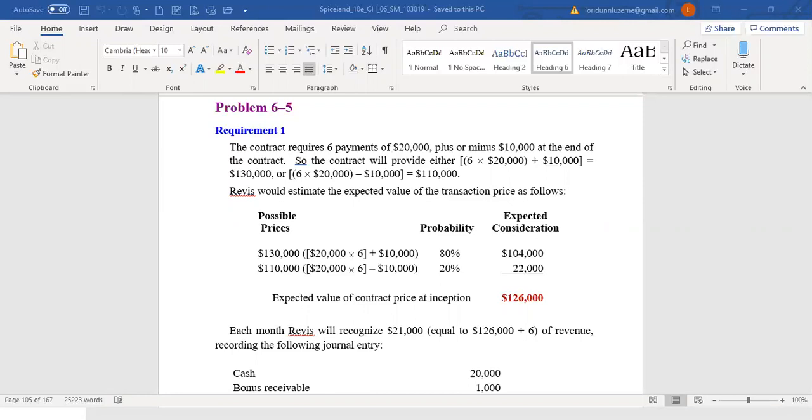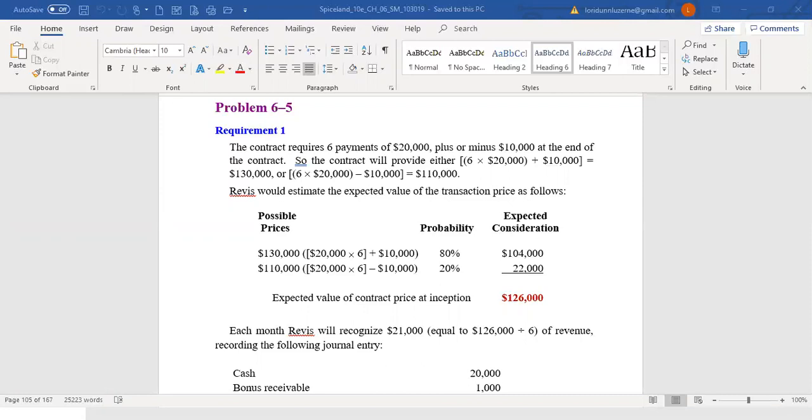But if total cost savings fall short, Revis will refund $10,000 to Green. Revis estimates an 80% chance that cost savings will reach the target and calculates the contract price based on the expected value of the future payments to be received.